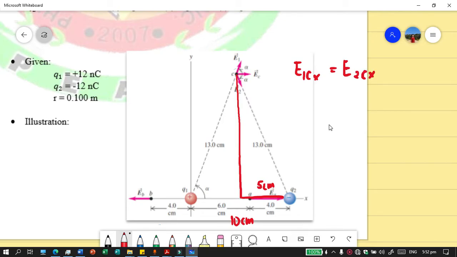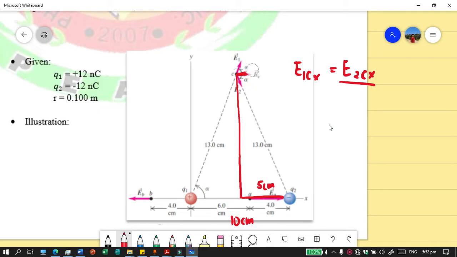Bakit kaya? It is because, tingin tayo, ito yung E1 natin, E1. Kung hahanapin natin yung E1CX, ito yon, di ba? Tapos kung hahanapin naman natin yung E2CX, this is the E2CX pa rin. They are the same. Okay?